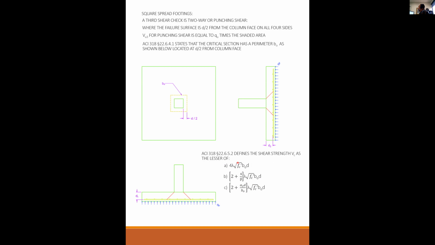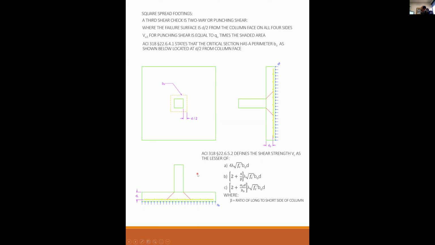So the lambda square root f'c b naught d is common to all three. So really what you want to do is just calculate 4, or 2 plus 4 over beta, or 2 plus alpha s d over b naught, and whichever of these three is the least, you multiply that times lambda square root f'c b naught d, and that becomes your Vc value.